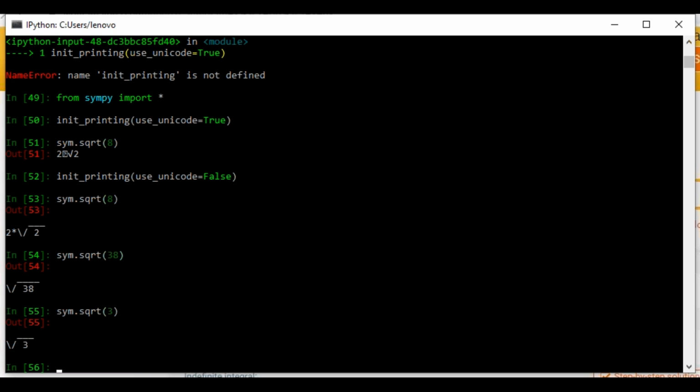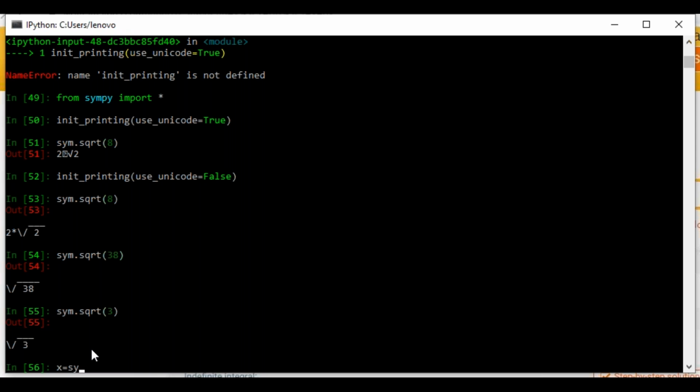Initially we can find the analytical integration of the function 3x square plus 1, the integral of 3x square plus 1 dx, and then its numerical value. Here 3x square plus 1 is our function for which we have to find the integral.